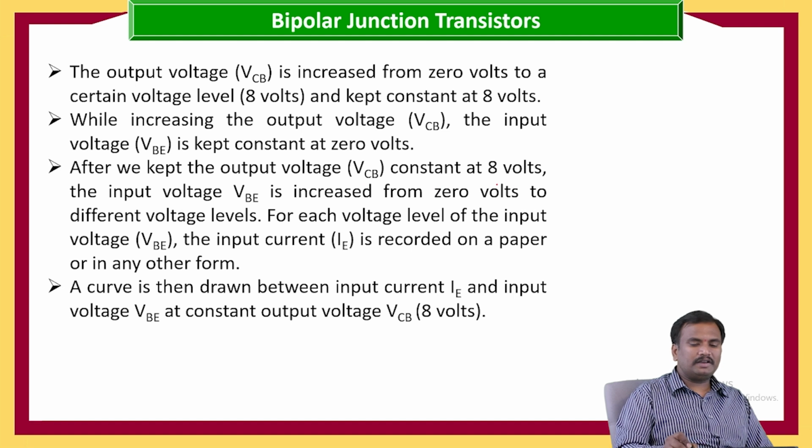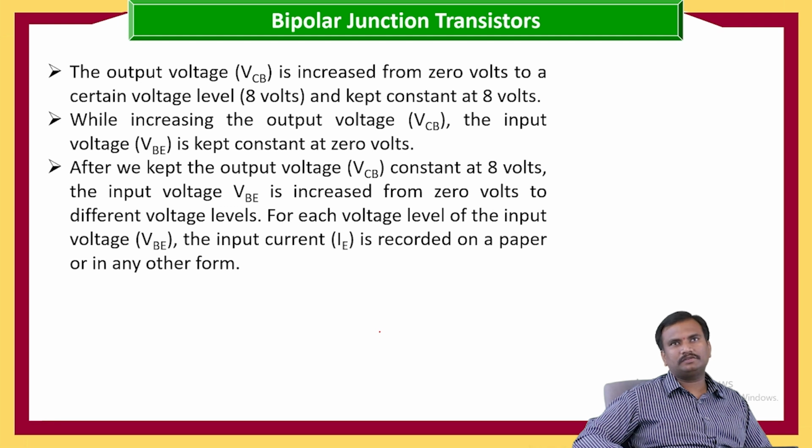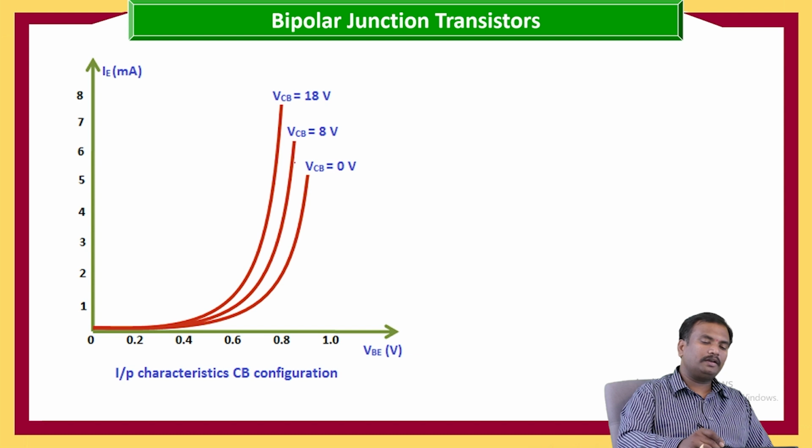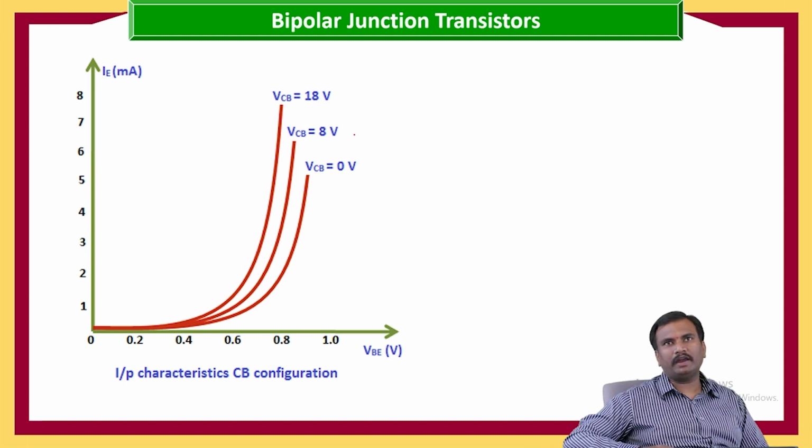After keeping VCB constant at 8 volts, VBE is increased from 0 volts to different voltage levels. For each voltage level of input voltage, the input current is recorded. A curve is drawn between the input current and input voltage at constant output voltage VCB equal to 8 volts. This is the curve which we are going to get at VCB equal to 8 volts.